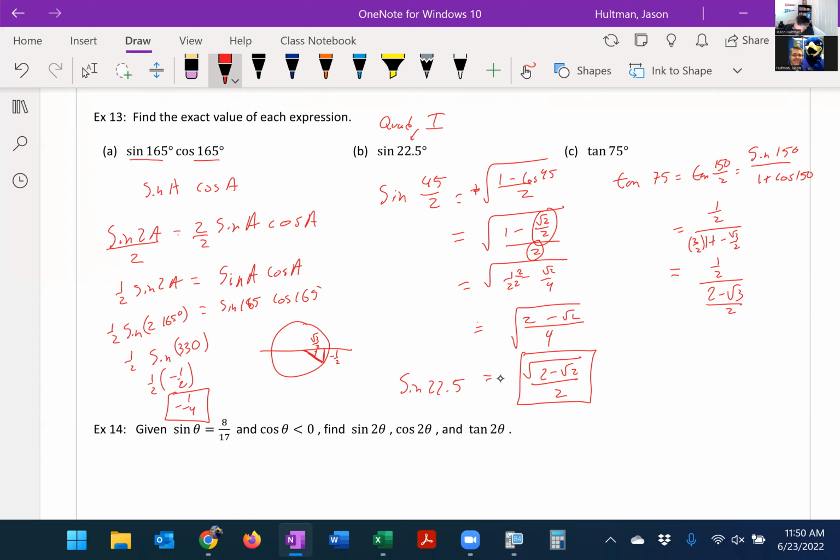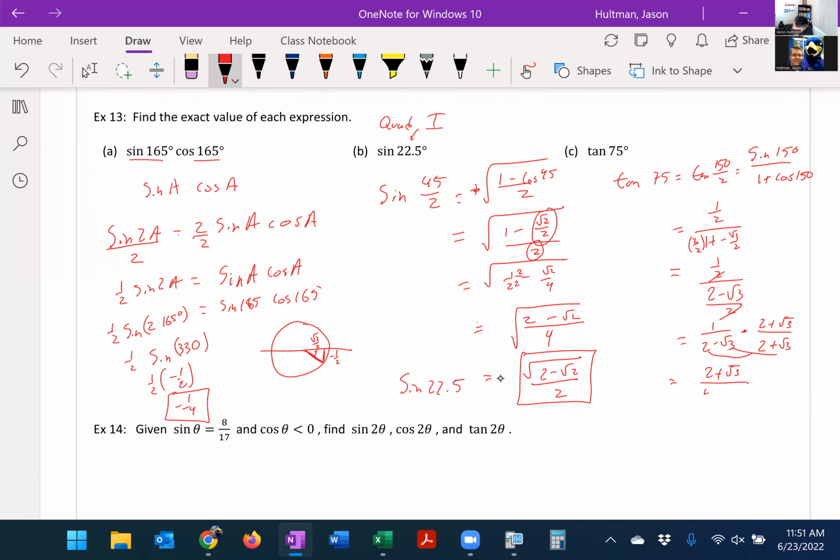Again, if I multiply by the reciprocal, I can cancel out these 2's, and this becomes 1 over 2 minus radical 3. That is an exact value. However, I can do something called rationalize the denominator with our conjugate. So if I multiply by 2 plus radical 3 over 2 plus radical 3, this is something from algebra, this is going to be the difference of two squares.